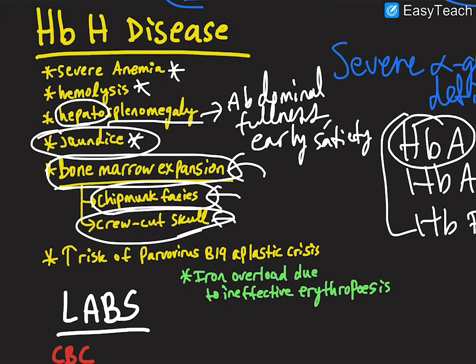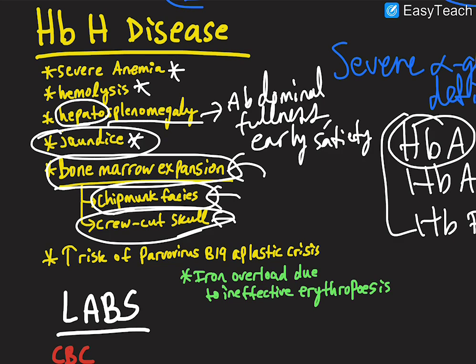All right, so the last thing we need to talk about in hemoglobin H disease is the increased risk of parvovirus B19 aplastic crisis. Okay, so now what's this? So remember, you already have ineffective erythropoiesis, okay? Your red blood cell precursor cells in your bone marrow are dying. Why? You have abnormal hemoglobin.